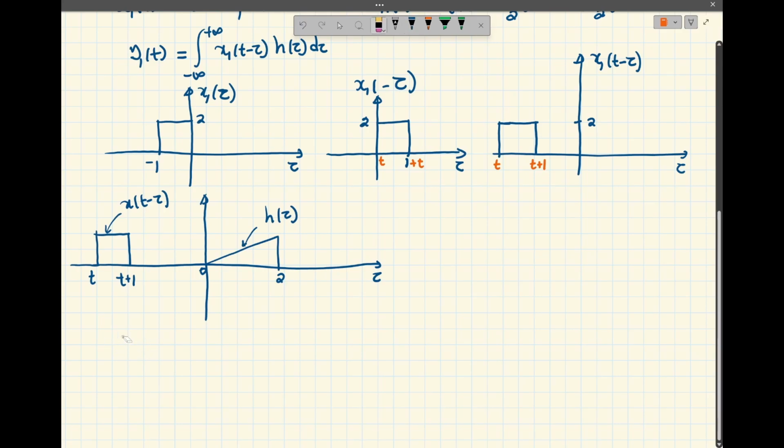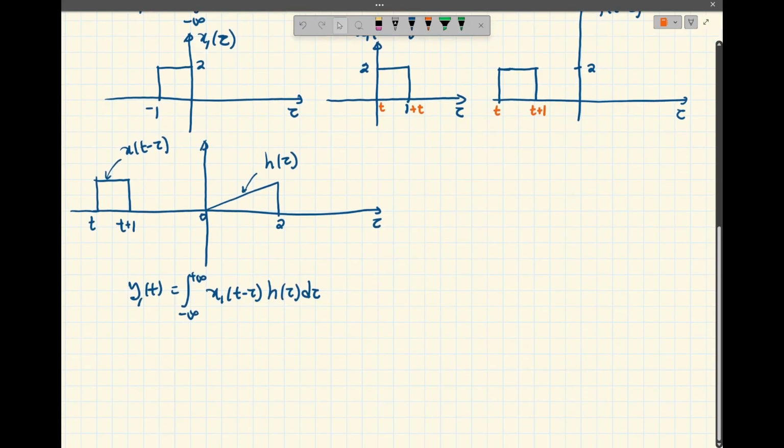We're going to distinguish a few cases. As you can see, y1 of t is the integral from negative infinity to plus infinity of x1 of t minus tau, h of tau, d tau. So what we're going to do is move the x, because that's the one that is shifted from negative infinity to plus infinity.